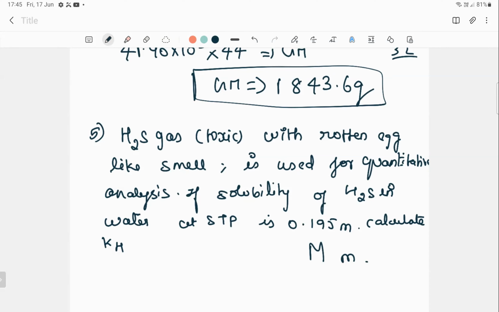Always take just 1 liter of water. So the number of moles of H2S is 0.195. Below there is only 1, so if you cross multiply, the same value comes.